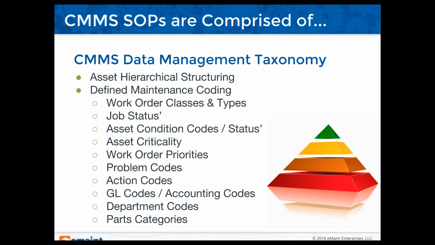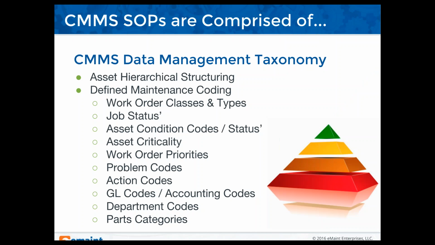Another component of the potential SOP would be the topic of taxonomy, and it brings us back to where we were earlier with the word cloud. The word cloud can present lots of ambiguity for us.